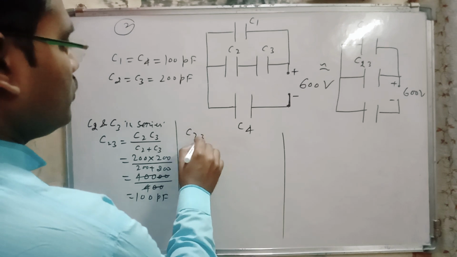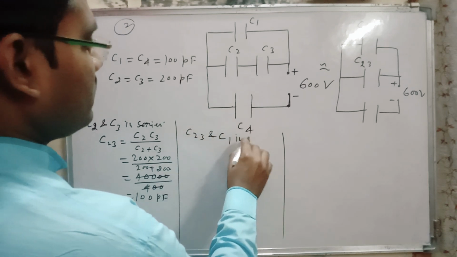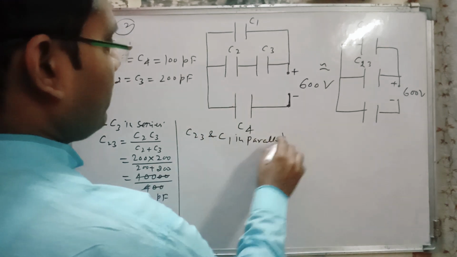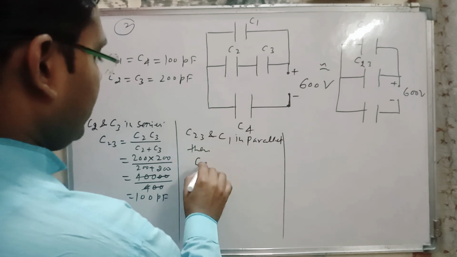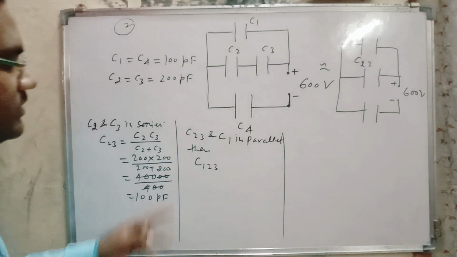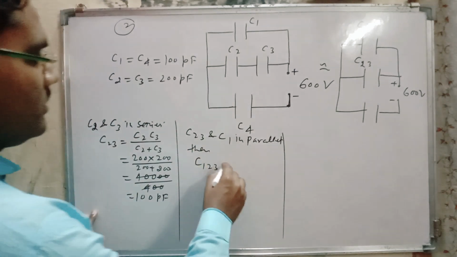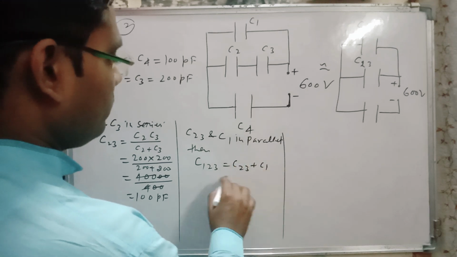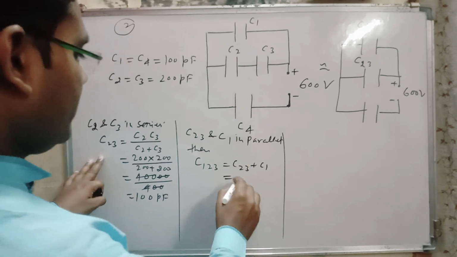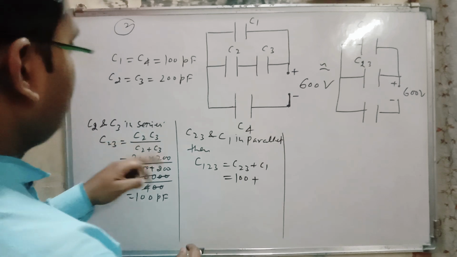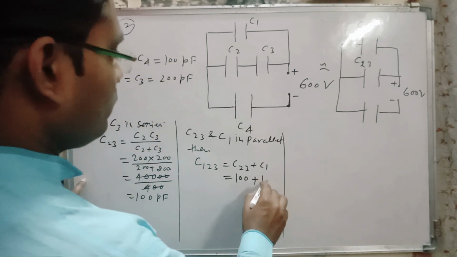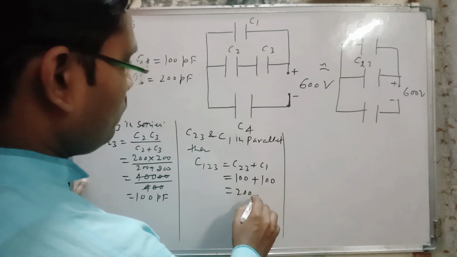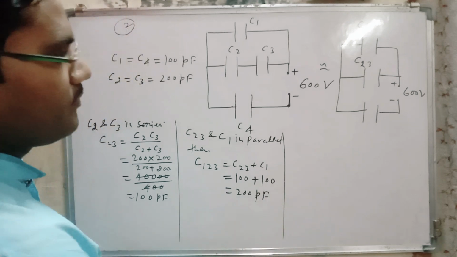So C23 and C1 in parallel, then equivalent capacitance is equal to C23 plus C1. C23 is 100 picofarad and C1 is 100 picofarad. That means this became 200 picofarad.